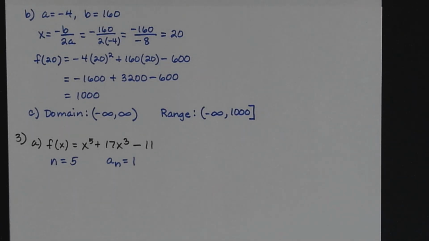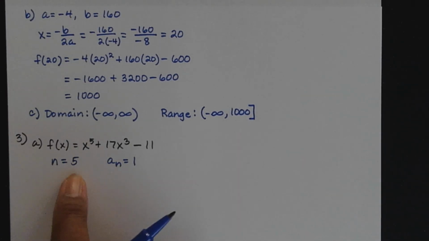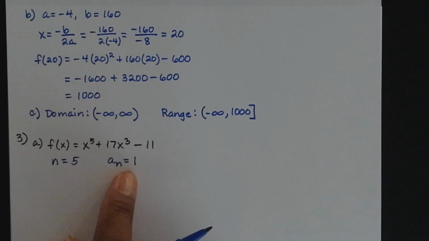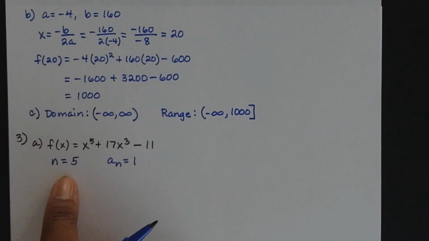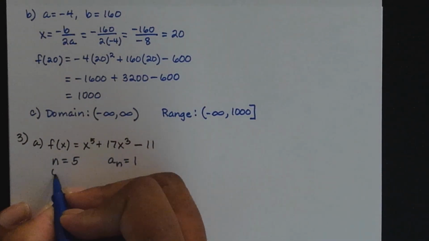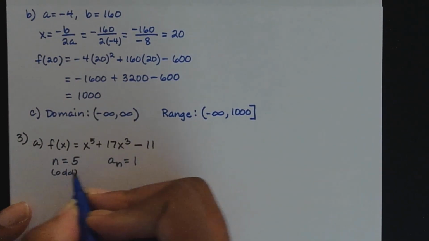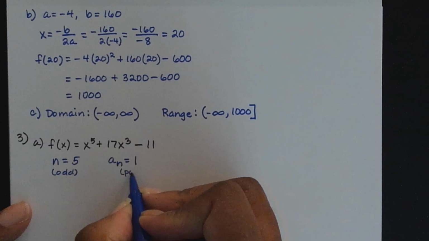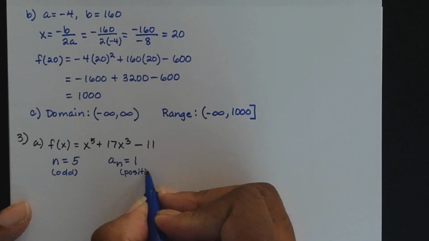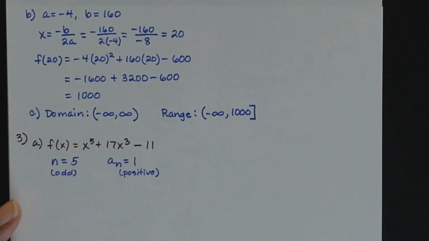If n is odd, then we look at our leading coefficient to determine whether it's positive or negative. Or if n is even, then we look at the leading coefficient to determine whether it's positive or negative. Here, n is odd, and your a sub n is positive. Okay?